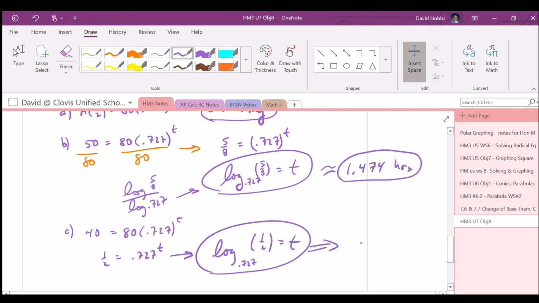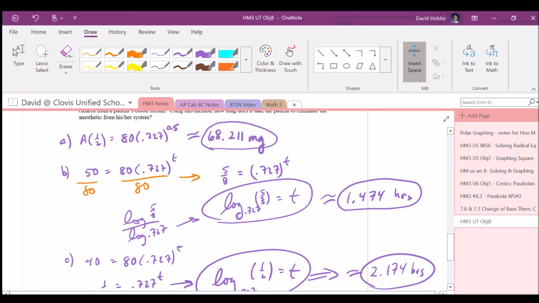So t is approximately log of 0.5 divided by log of 0.727, so approximately 2.174 hours. Okay, that's part C.